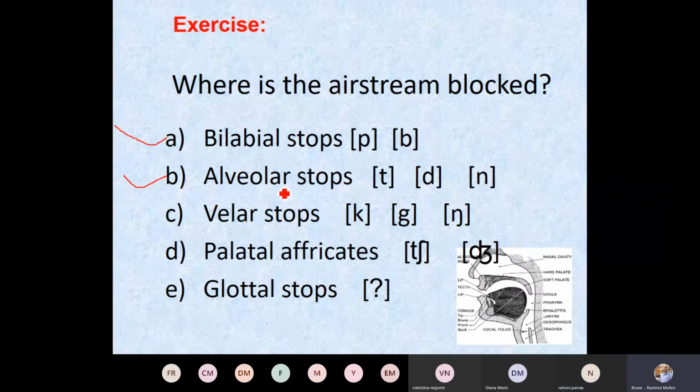Exactly. The tip of the tongue is raised against the alveolar ridge, and there the airflow is stopped. Sorry. What about the velar stops or velar plosives?